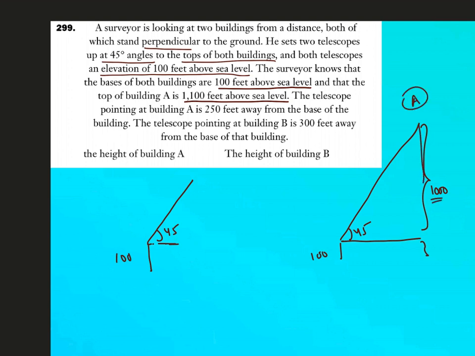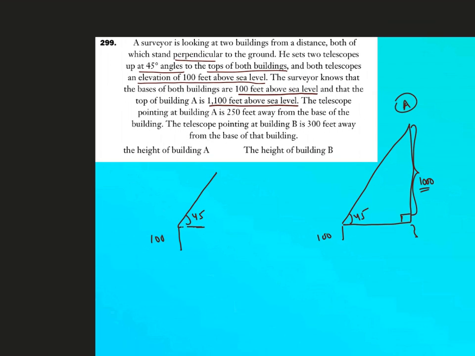So this actually forms a right angle triangle, by the way. Now what else I know is the telescope pointing at A is 250 feet away from the base, which means this distance is 250. So I have a right angle triangle with the base and the height. Base being 250, height being 1000.